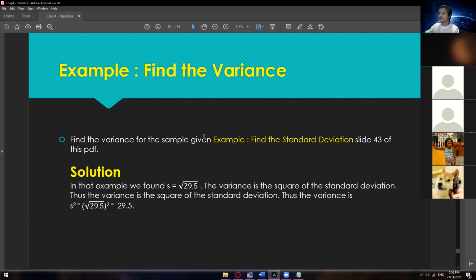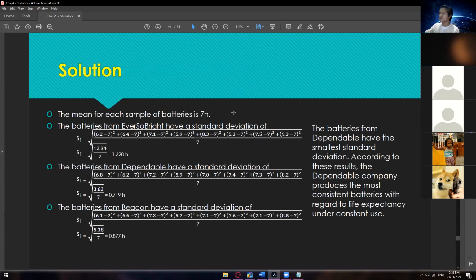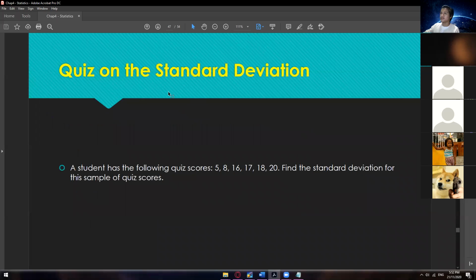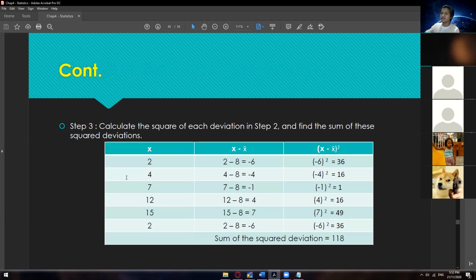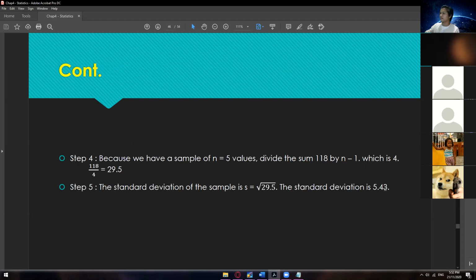Let's say we have this example. Find the variance of the data on slide 43. So let's go back to slide 43. The standard deviation of this one is 5.43. So just square 5.43, and it will lead you back to this value, which is 29.5.